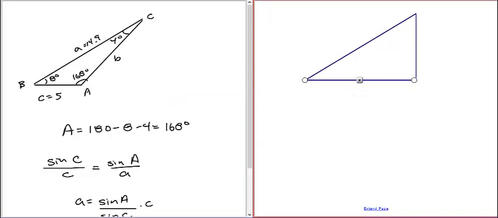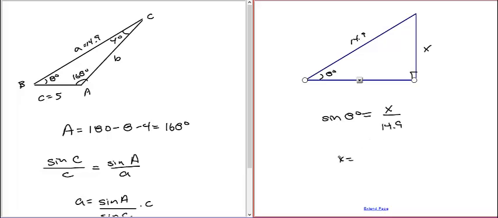So let's see what we can say. Well, what do we know here? Well, we know this side is 14.9. We know this angle is 8 degrees because it's a common angle between the two. And this is a right angle. So what we're trying to do is figure out this distance. So we've got an angle, the opposite side, and the length of the hypotenuse. So we know that the sine of 8 degrees is equal to x over 14.9.